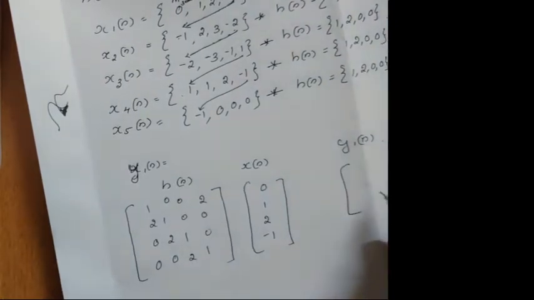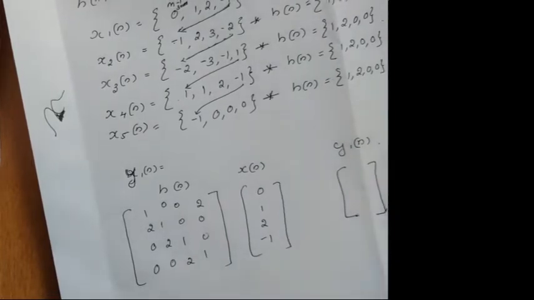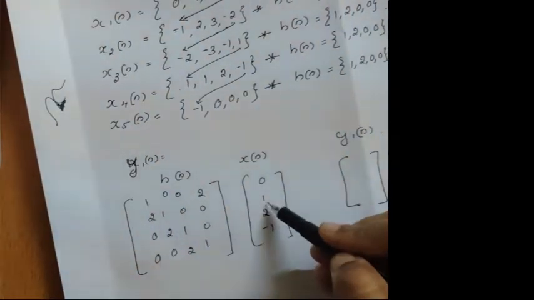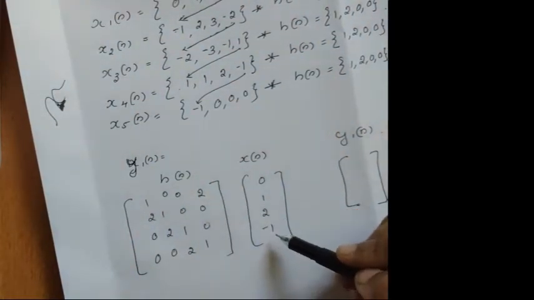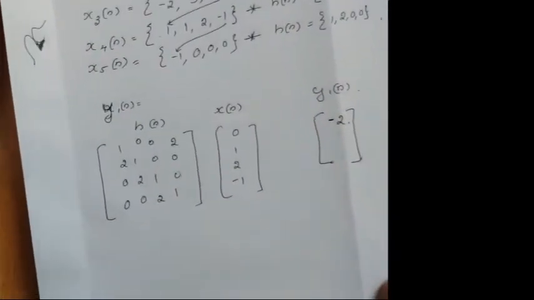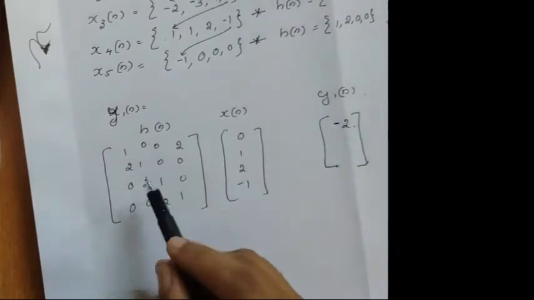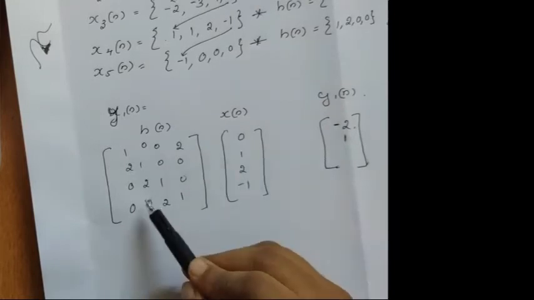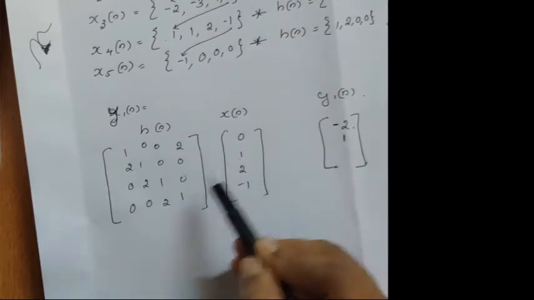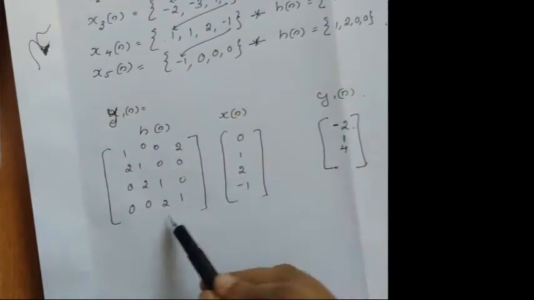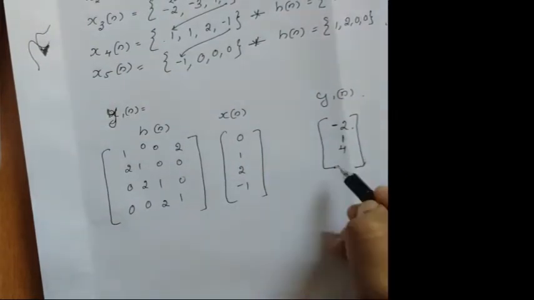So you will get 2 into minus 1, minus 2. 0, 1 into 1, 1. Then 1, 0, 2 into 1, 2, 2 into 1, 2, 4, 0, 0, 4, 4 minus 1, minus 3.